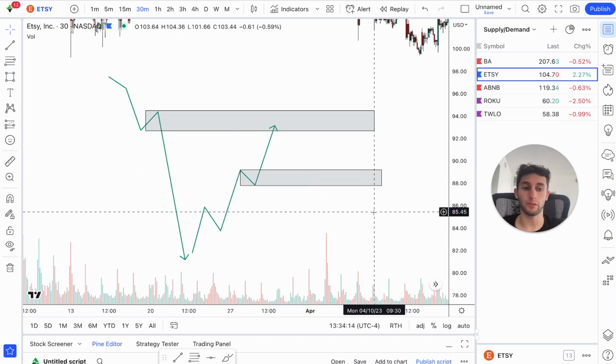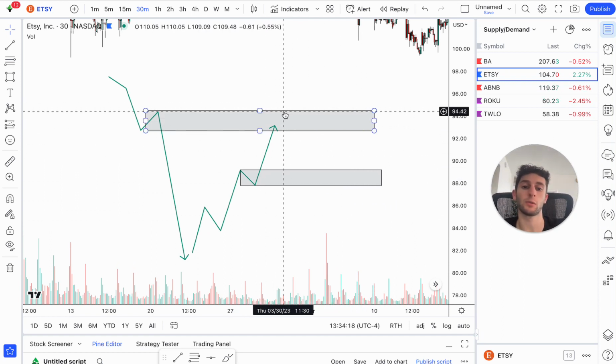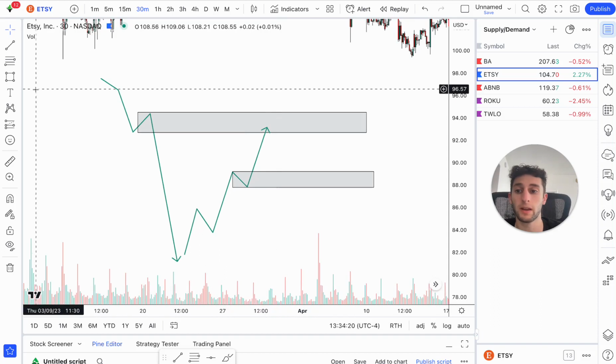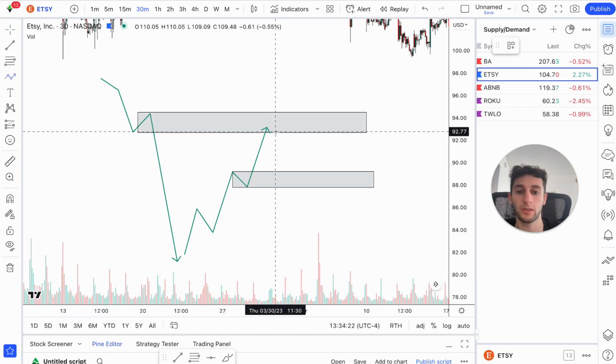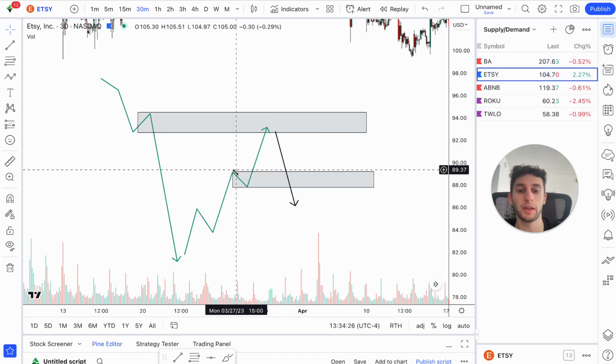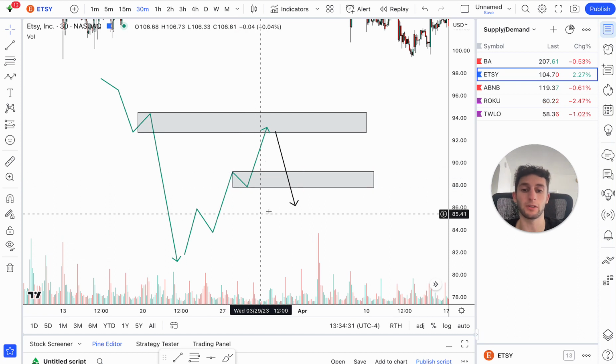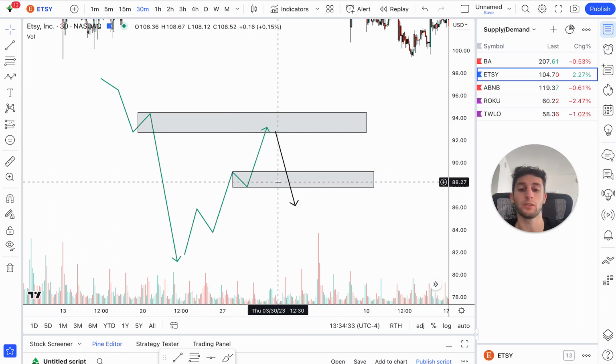So one of my confirmations when I'm trading, if I'm looking to get short here, instead of just getting short right at that supply, is waiting for price to get below that demand. If price is able to get below this demand, because in supply demand theory demand should hold, right? If price comes down to a demand zone, it should hold.